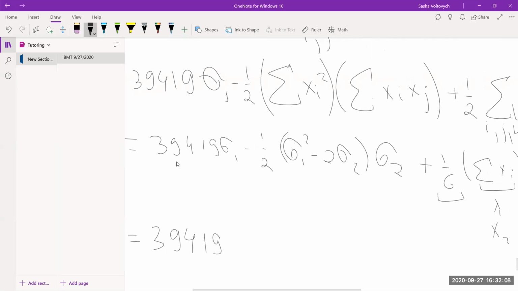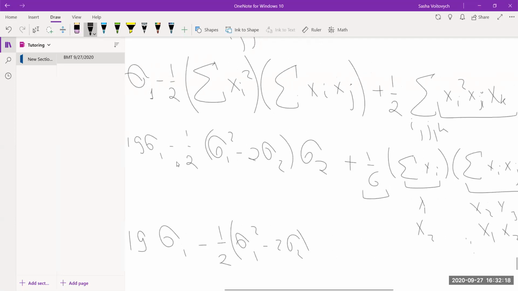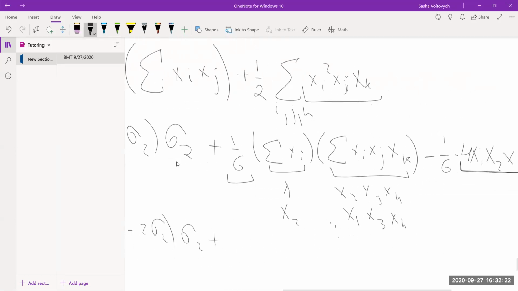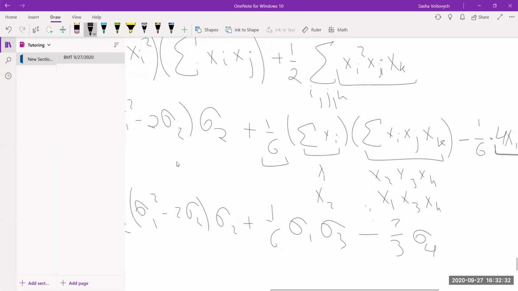So 39,419 sigma 1 minus 1/2 (sigma 1 squared minus 2 sigma 2) sigma 2 plus 1/6 sigma 1 sigma 3 minus 2/3 sigma 4. So this is our expression.